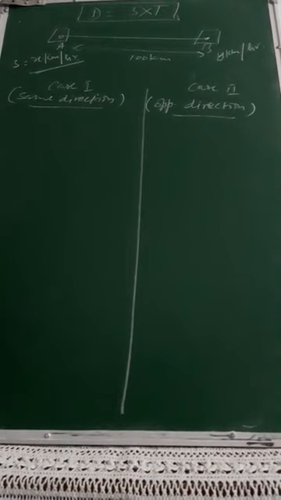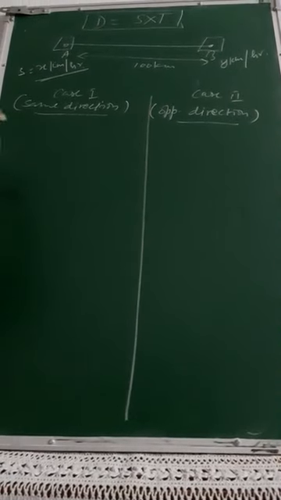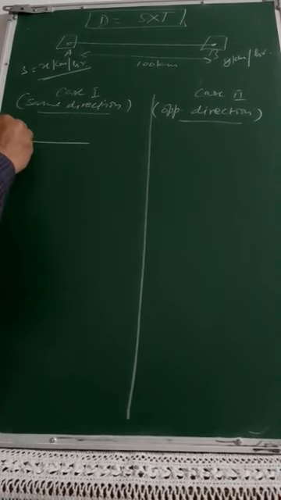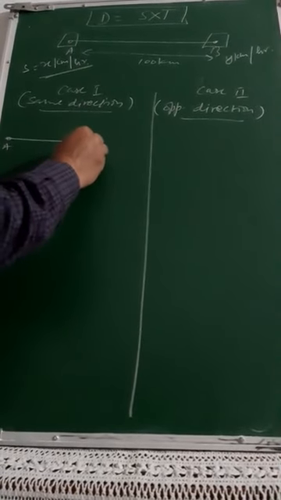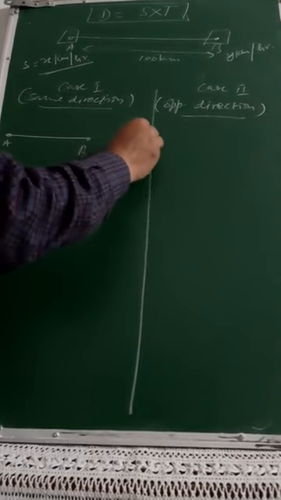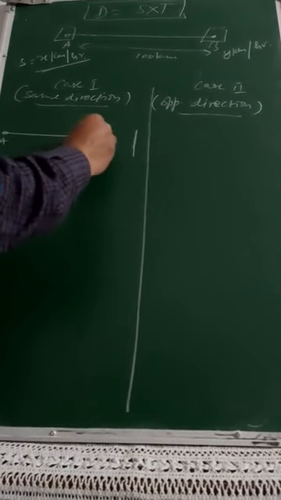Now in case 1, suppose I am taking this one first. There are two cars, one starting from A and another starting from B, and both are traveling in the same direction. So somewhere suppose they are going to meet at this point C I have taken here. Now the cars are traveling and meeting at C. See the point of meeting.